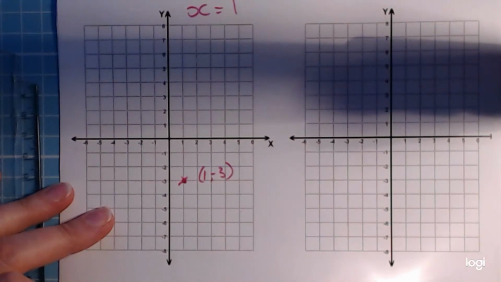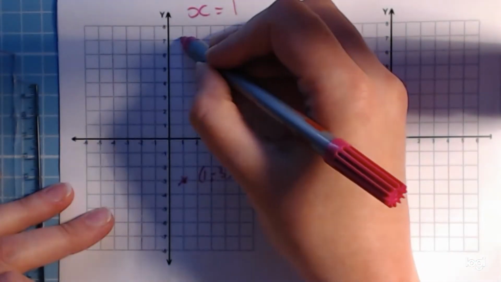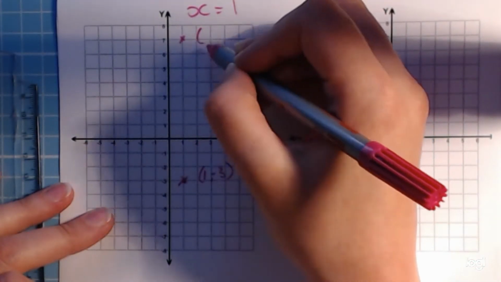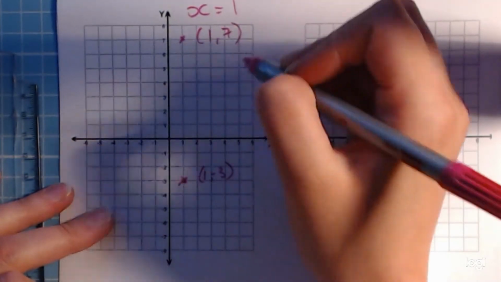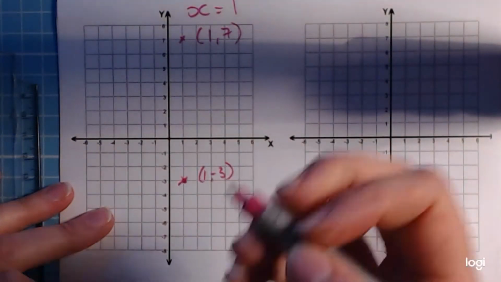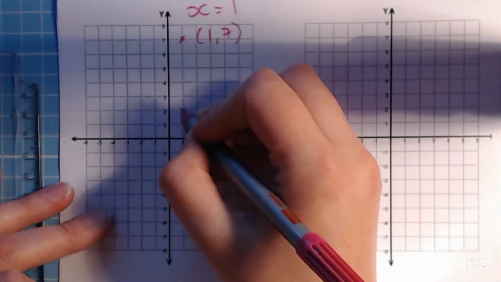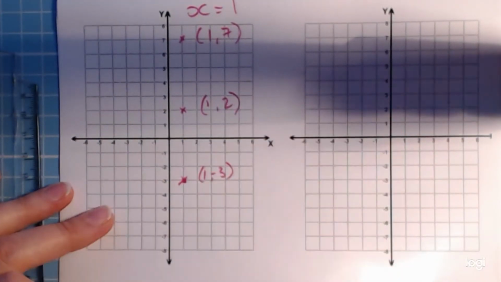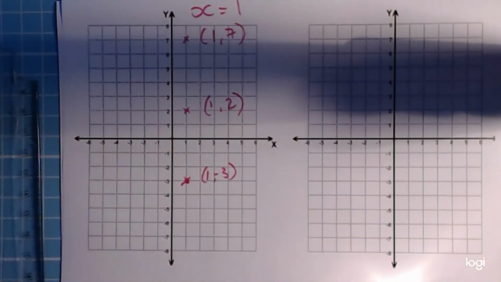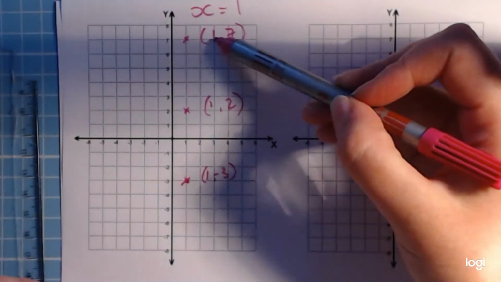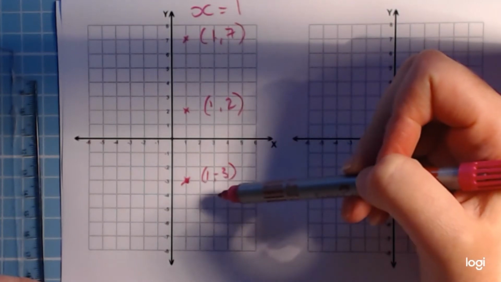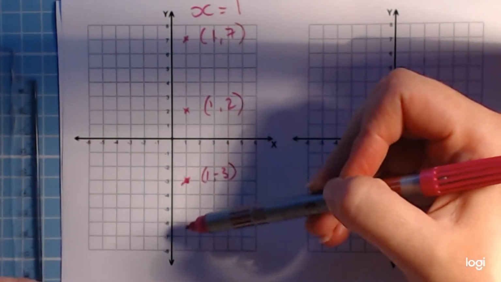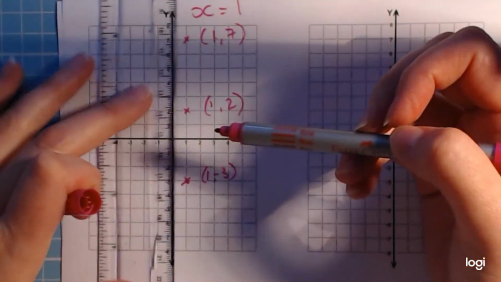I'm going to pick maybe this point up here, where the coordinates are 1, 7. Let's get another one, this one here. Coordinates are 1, 2. I've picked those out at random, but what you can probably see is our x coordinate is always 1. Anywhere on that vertical line there, our x coordinate is going to be 1.